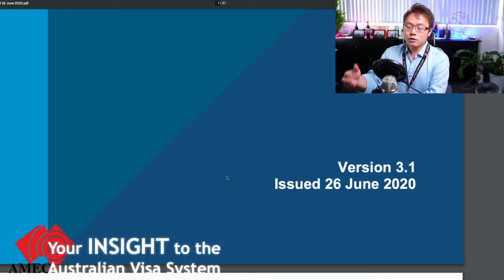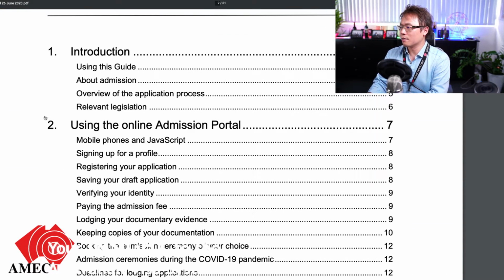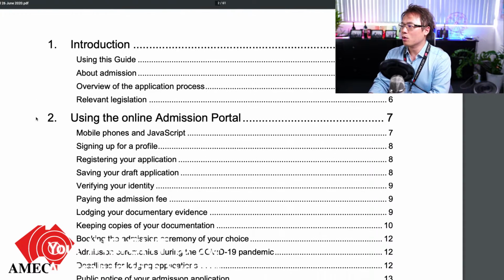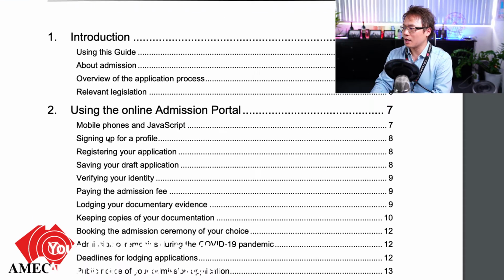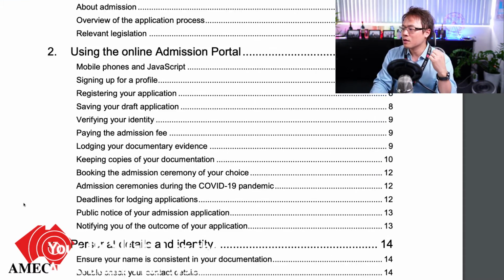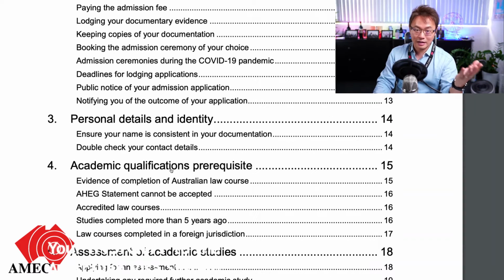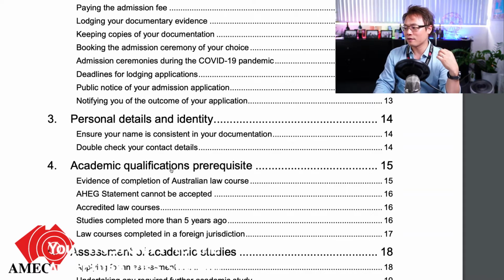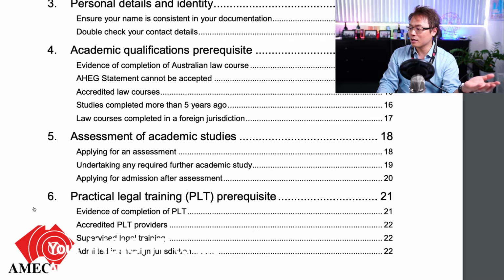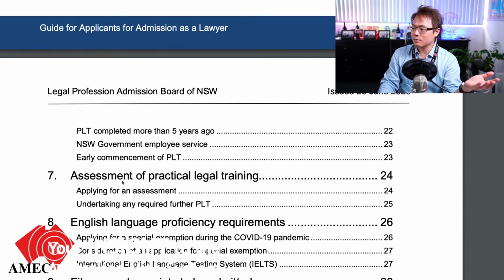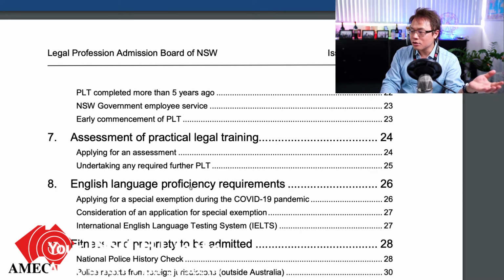But I can tell you the content is exactly the same, the 10 stages, but they just wanted to make it more professional with the introduction and the update, how to use the online portal, personal ID, what's required, academic qualification, and that's obviously in the stages that we have checked, and assessment of academic studies, and the PLT again. You need to do the PLT and the assessment of legal practitioner training, so they assess your PLT, and you need the English.